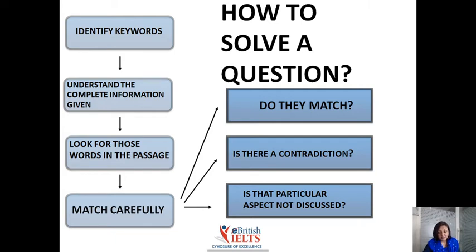So three things again to reiterate. Is there a match in the passage? If there is no match, then is there a direct contradiction? If there is no contradiction or no match, then it is obviously not discussed or not given in the passage.